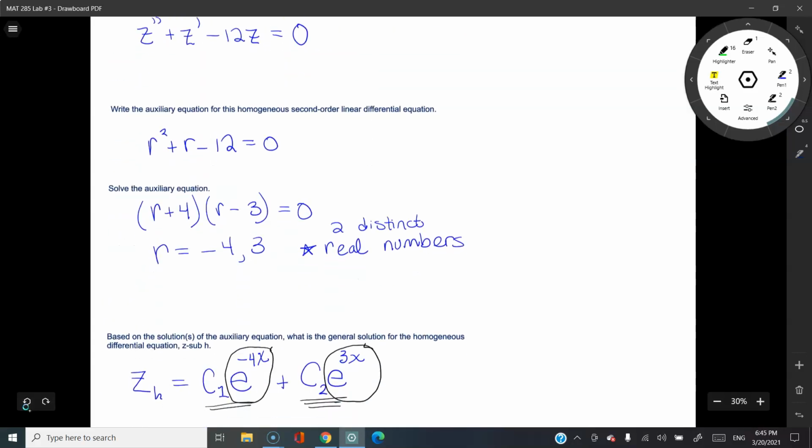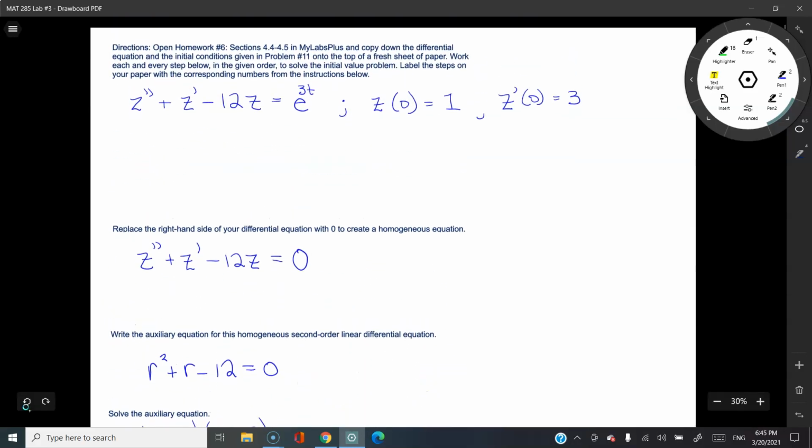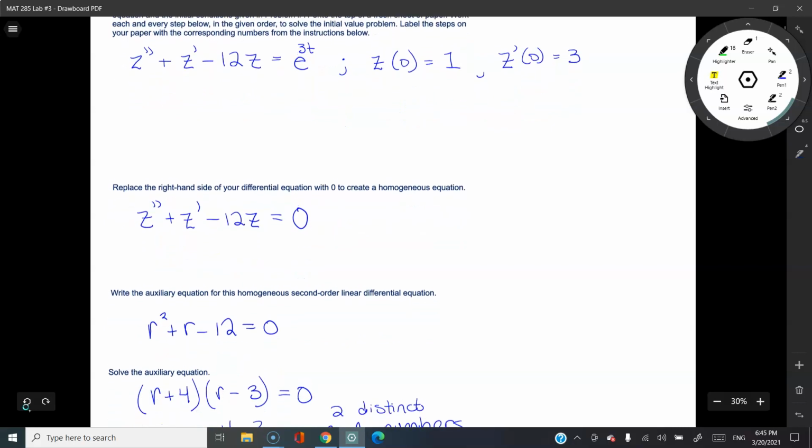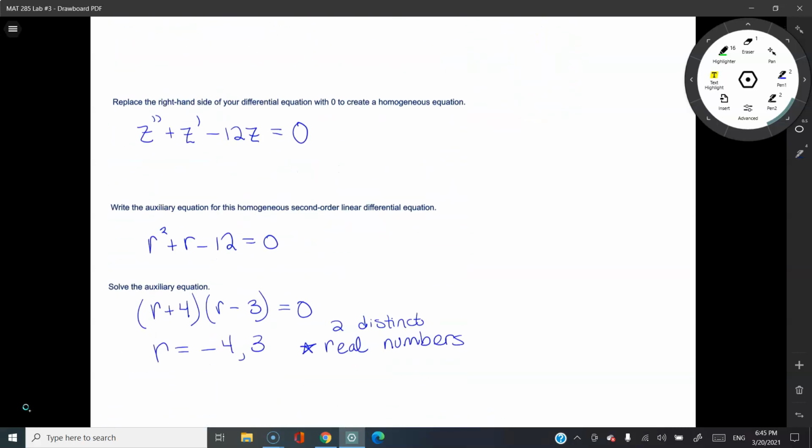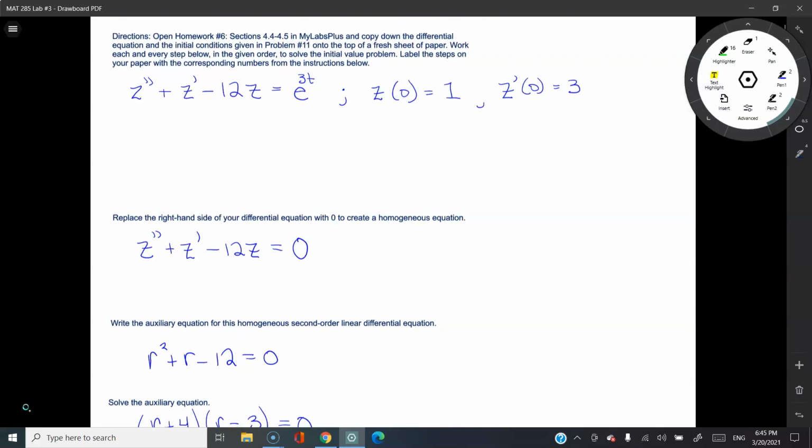So let's go back and check whether we have e to the negative 4t or e to the 3t. This one actually uses t's, but we do have an e to the 3t in there.